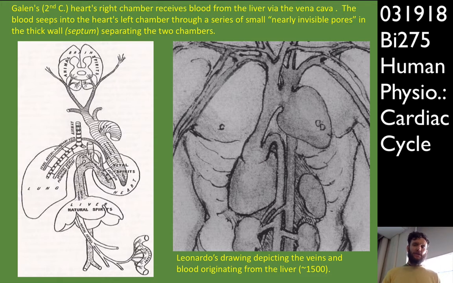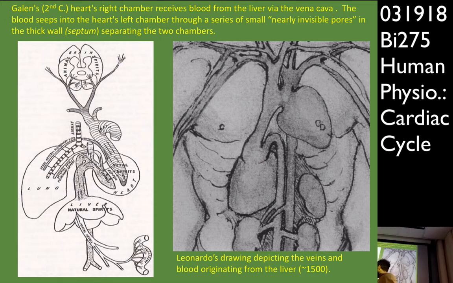We know that he was proscribed against doing dissection, but you can see here in Galen's depiction, the natural spirits are emanating from the liver, coming into the right side, and then the blood passes to the left through the wall of the heart, separating the right and the left side.